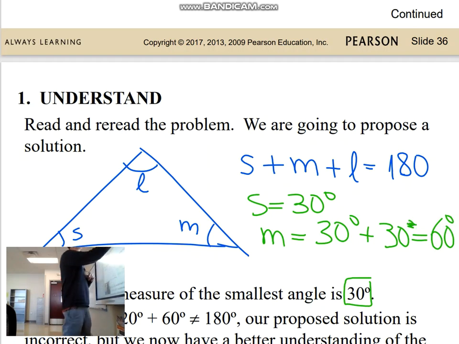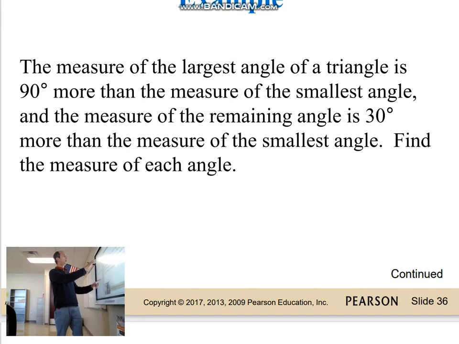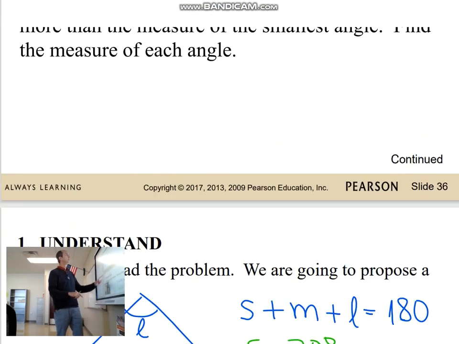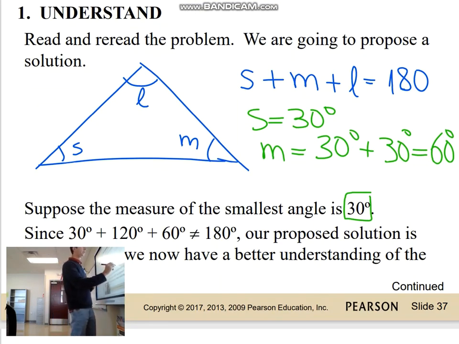And the largest angle, according to the question, is 90 degrees more than the measure of the smallest angle. So we have the largest angle as 90 plus 30.